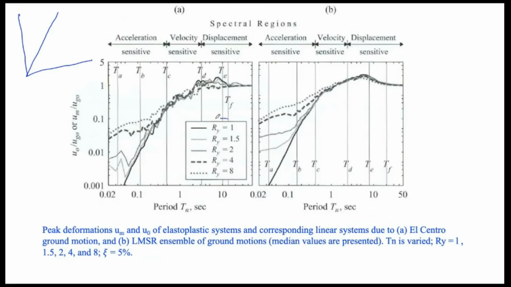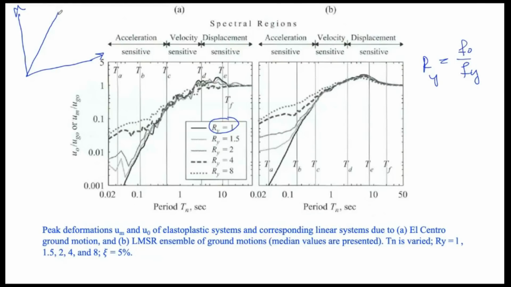That represents Ry equal to 1, which means Ry, if you remember, is equal to F naught divided by Fy, so they are both the same. It means the behavior is entirely elastic.